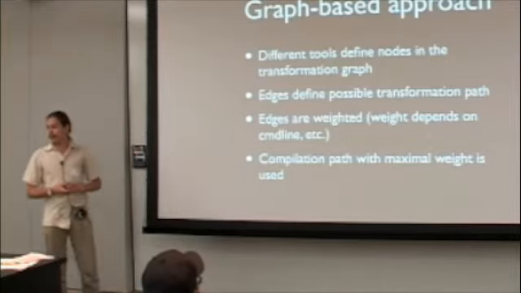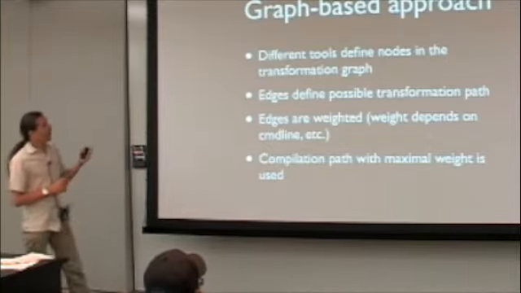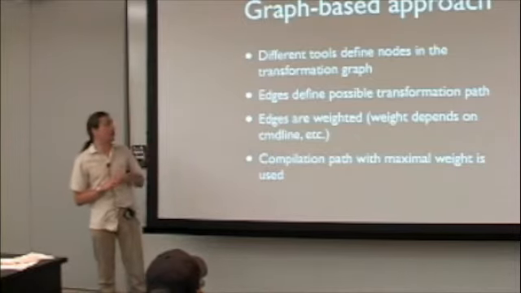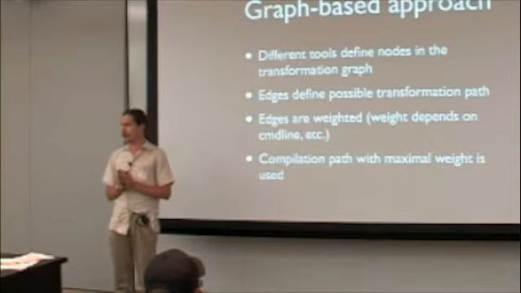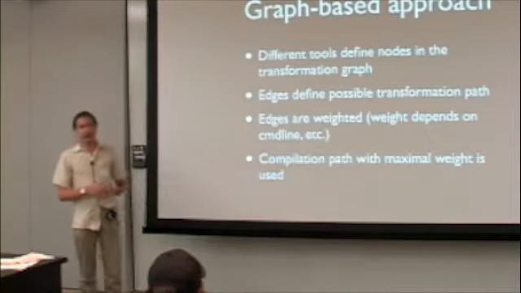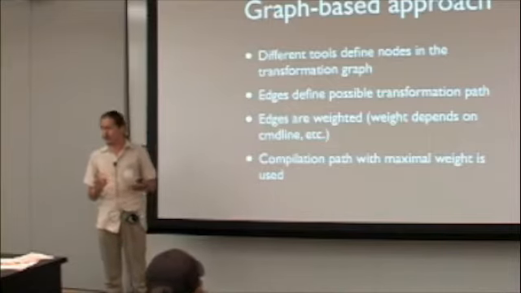What is the graph-based approach which I talked about? So, the tools which are used in the compilation form nodes in the transformation graph. We call this the compilation graph. And the edges in this graph define possible transformation paths.